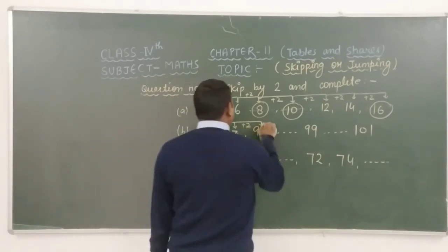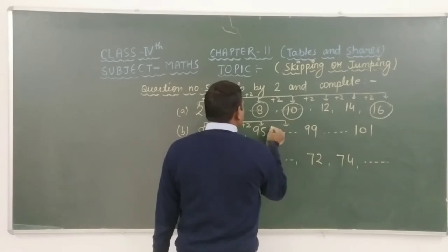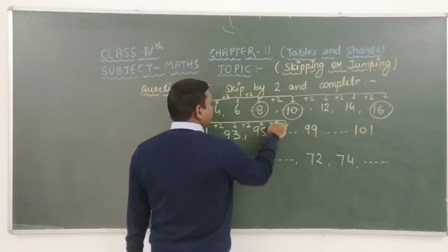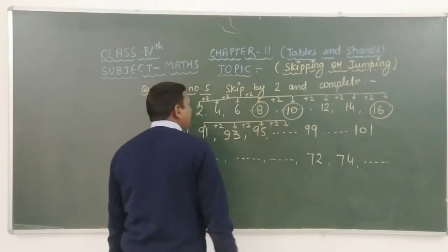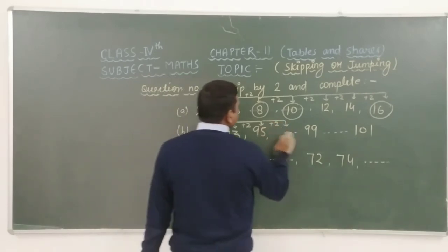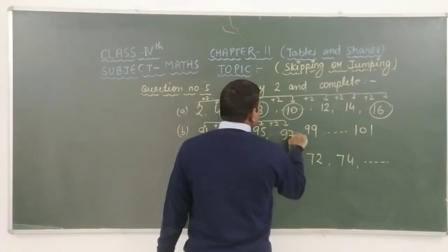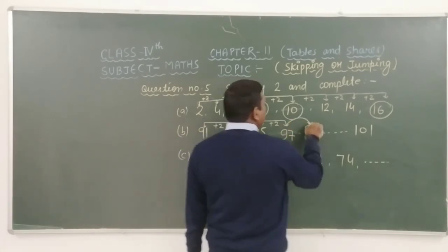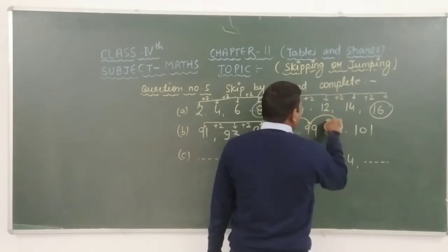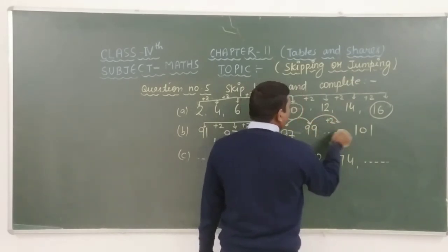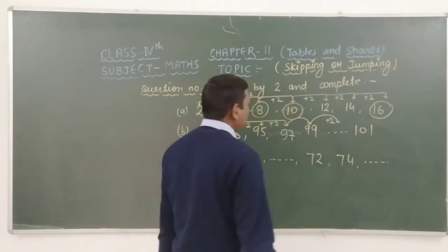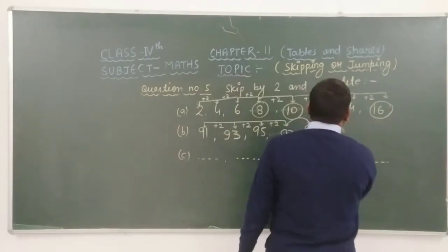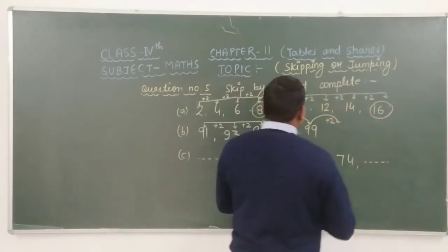Similarly, we add 2 to 95 and get 97. 97 plus 2 is 99 and 99 plus 2 is 101.